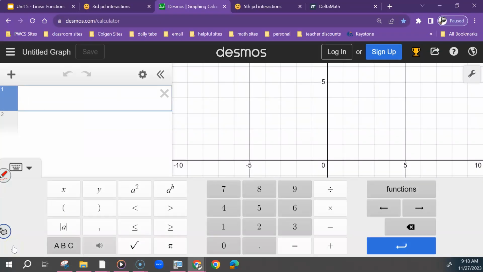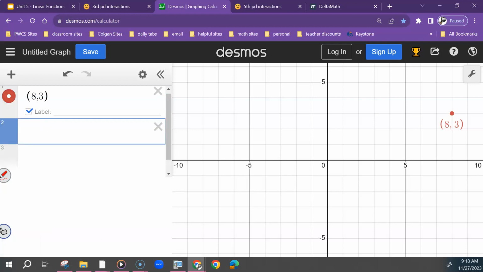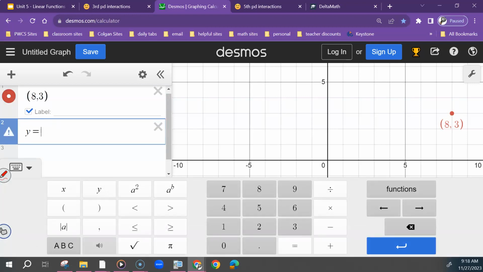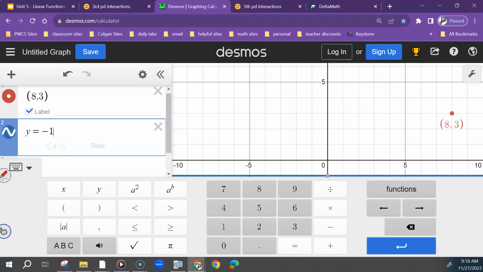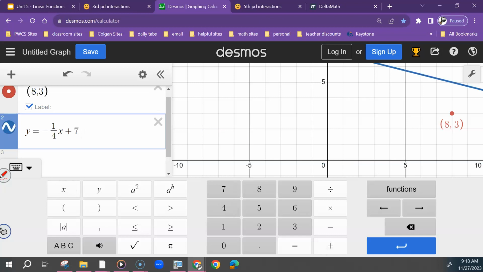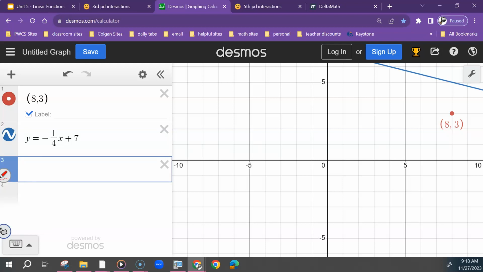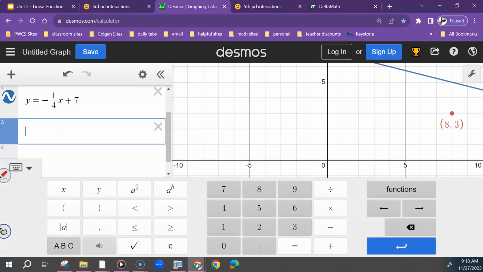Score number 6. And then type in the equation that's given, y equals 1/4 x plus 7. Negative 1/4 x. And then after that, we're going to type in our y equals mx plus b.